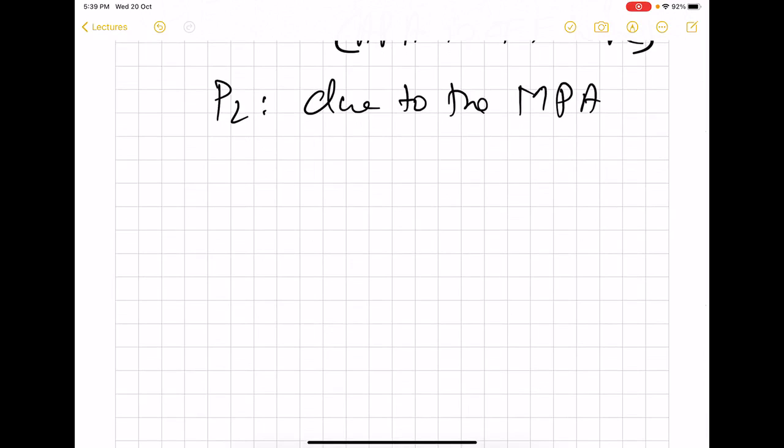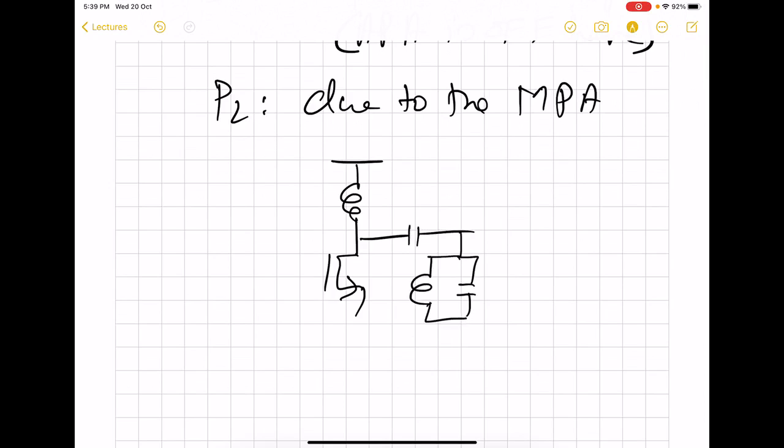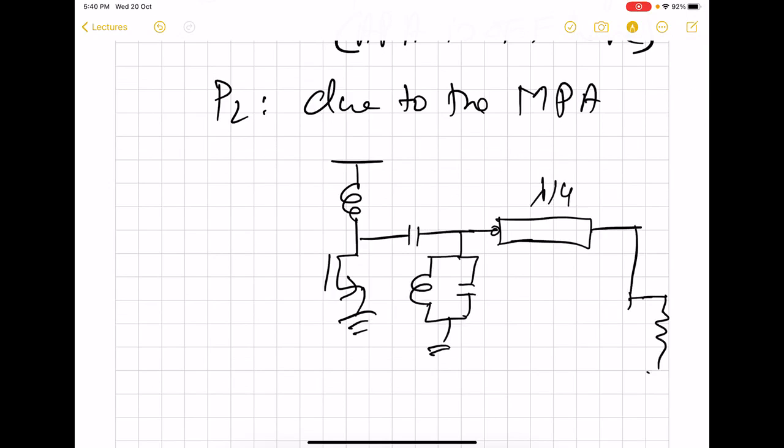So for this case, the circuit is going to be like this. This is our main power amplifier, which is then connected to lambda by 4 line, and then ultimately to load.